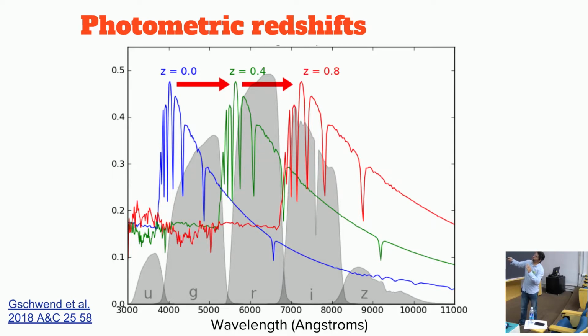For this blue band here, you have some flux. When the galaxy goes to a higher redshift, the flux here is lower. And the same for this band.